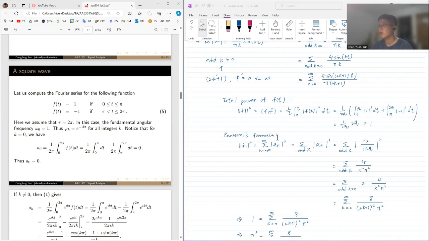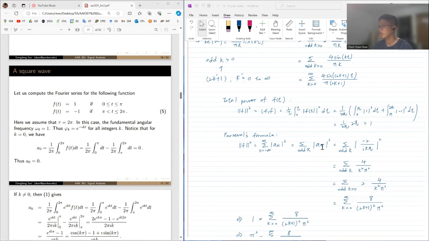And also we have this Parseval formula that tells us that the total power of the function f will equal the summation of the square of the absolute value of the Fourier coefficient ak, where k is from -infinity to infinity. And again, recall that ak is 0 when k is even, so we only have to care about the odd case.